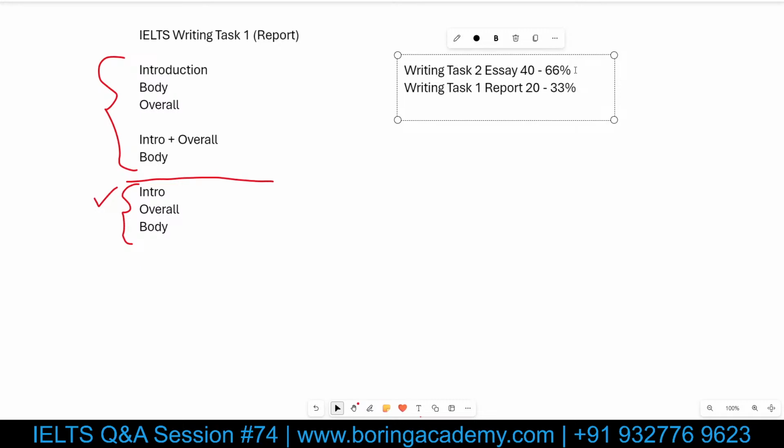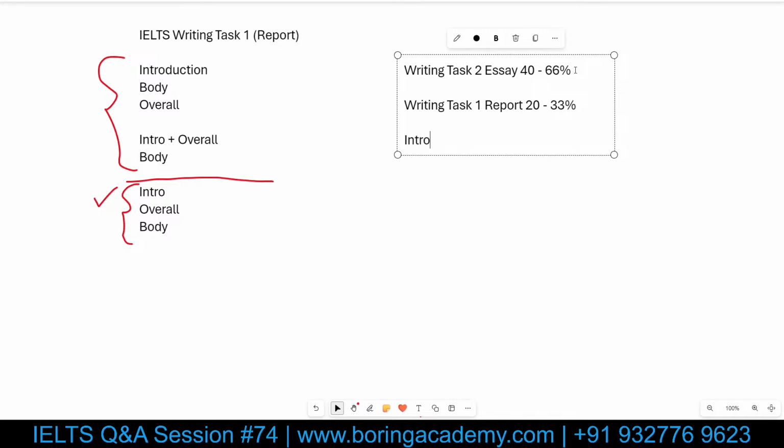So if you notice, 40 minutes out of an hour is already gone, so you are only left with 20 minutes. In these 20 minutes, let's say you write your intro and then your body, and what if the time is up? Of course, you'll write at least 2 body paragraphs. But what if the time is up and an important criterion, the overall, is missing?